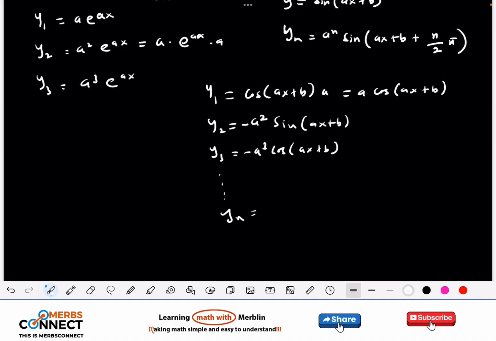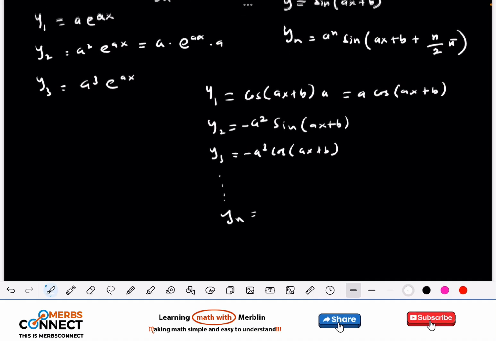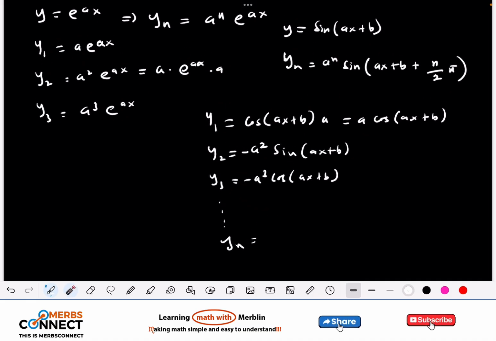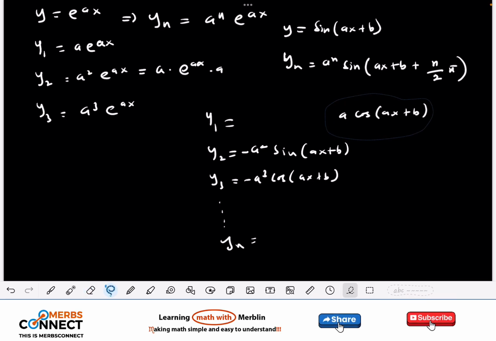Now, since the function is in terms of sine, I want to make sure that I write all the functions again in terms of sine. So that's what I'm going to do.